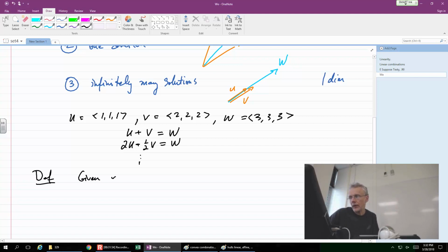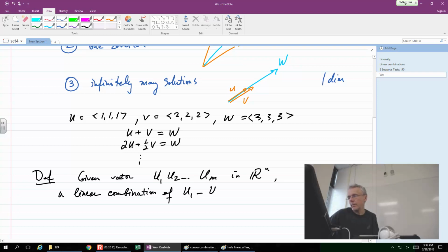So given vectors U1, let's capitalize it, U2, Um in Rn, a linear combination of U1, Um. Once again, the definition is the same: the sum of multiples, doesn't matter how many of their multiples.